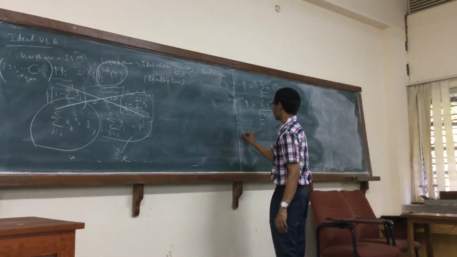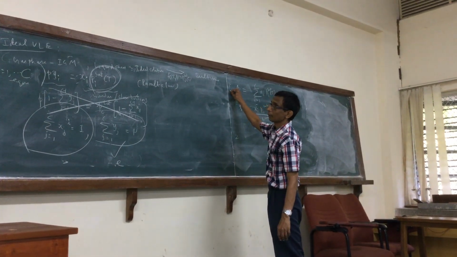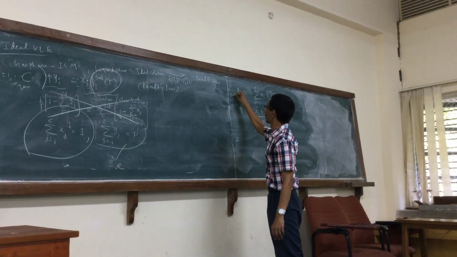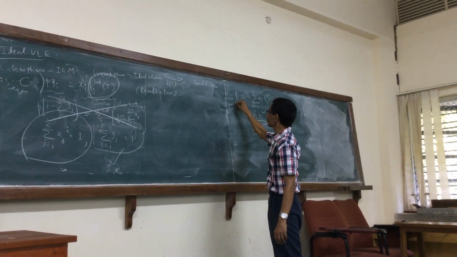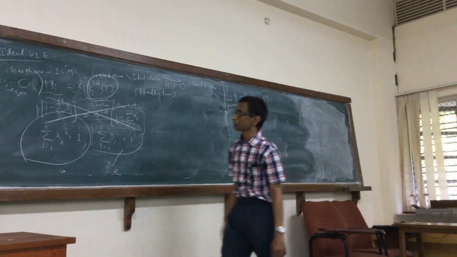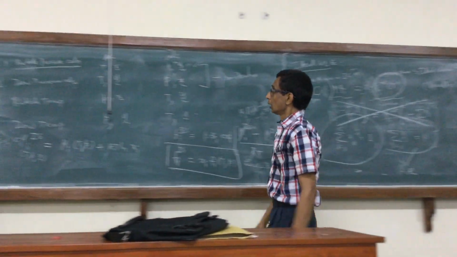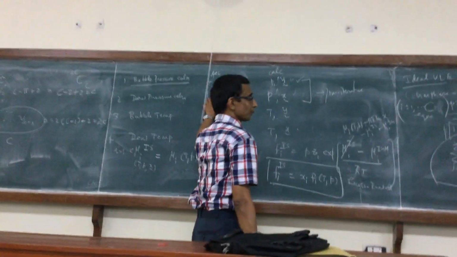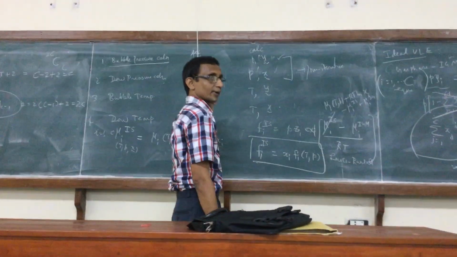Now what about the second? So this is bubble pressure. So the dew pressure, again, T is specified, but Y is specified and X is not specified.